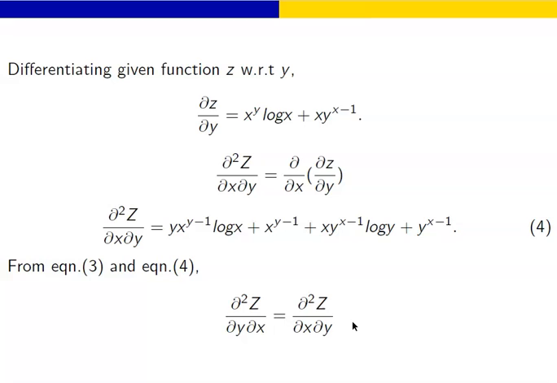Such problems may be asked many times in examinations, where we have to show that dou 2z by dou x dou y equals dou 2z by dou y dou x. Similarly we can solve such problems for different values of z. It may be a function having two variables, three variables or more than that.